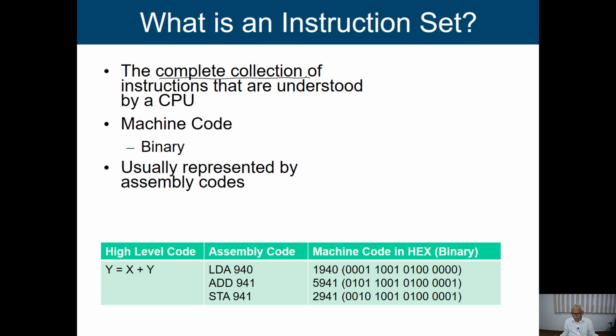In our last class, when we showed how the computer executes a program, we said it has fetch, then execute, and so on. We saw a program to add two numbers, say y equals y plus x, and to perform this task we need three instructions.